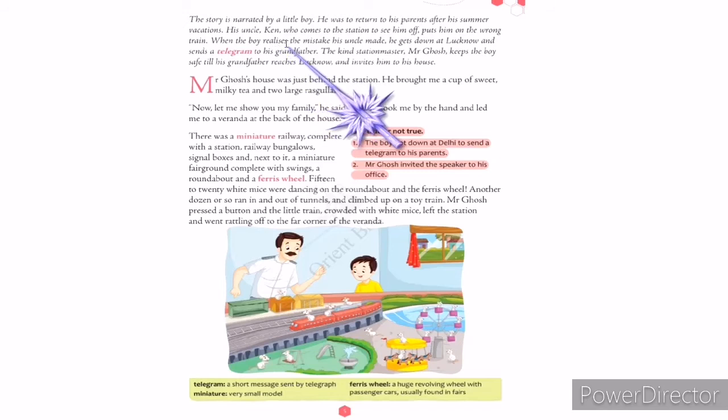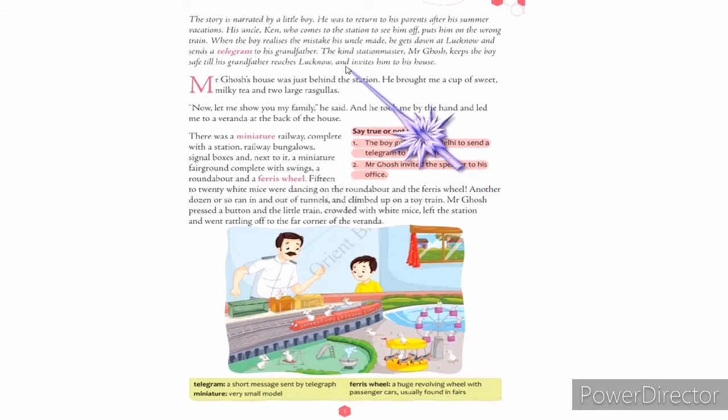When the boy realizes the mistake his uncle made, he gets down at Lucknow and sends a telegram to his grandfather. The kind station master, Mr. Ghosh, keeps the boy safe till his grandfather reaches Lucknow and invites him to his house.